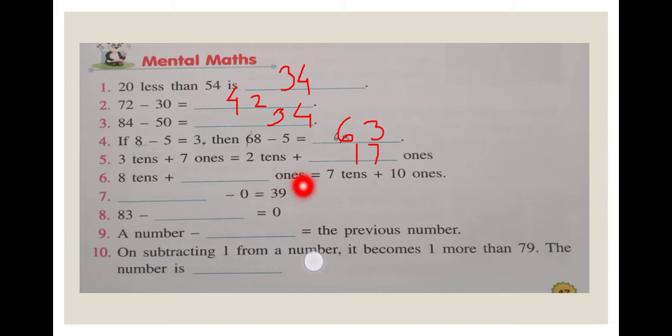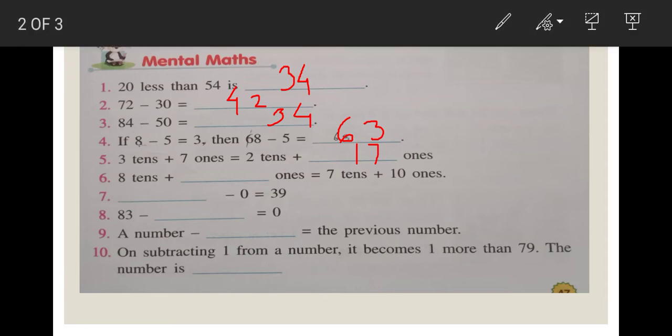The left hand side of the equal to and the right hand side of the equal to should be equal. So 8 tens means 80, and 7 tens plus 10 ones will be 80. So here it should be how much? 0 ones, isn't it? 8 tens plus 0 ones will be 80, and the right side 7 tens plus 10 ones will be 80.